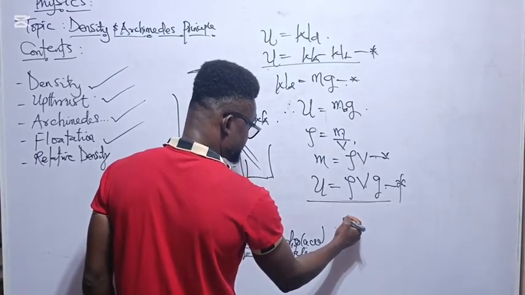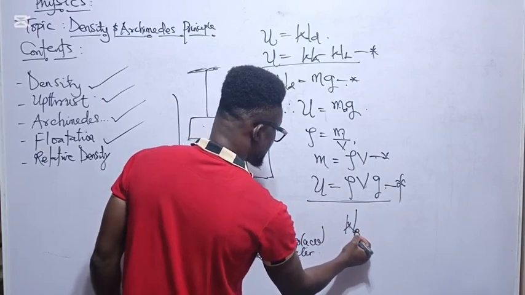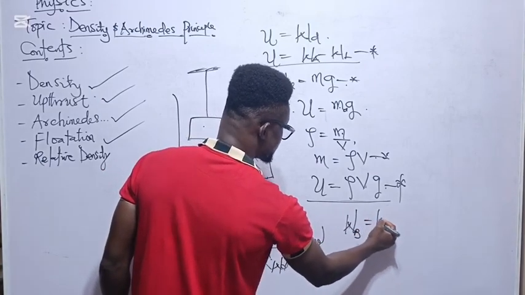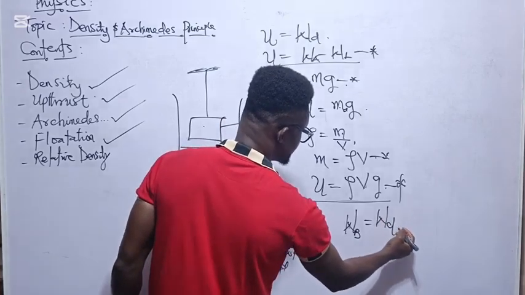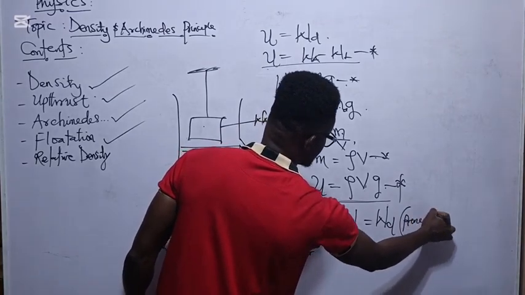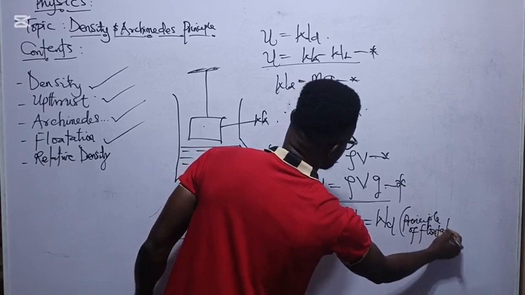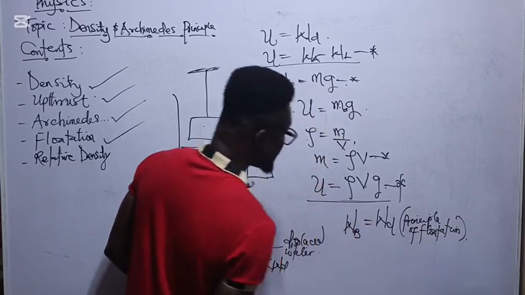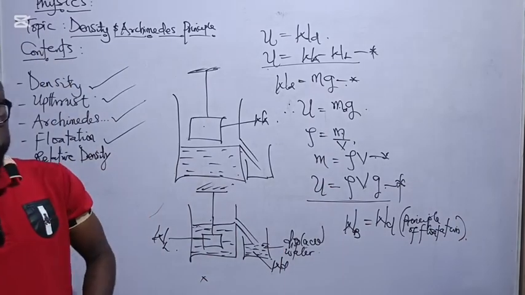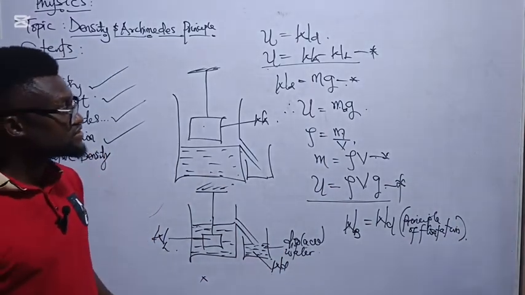The principle of flotation is only obeyed when the weight of a body immersed in a fluid is equal to the weight of the displaced liquid. So we say that a body floats when the weight of that very body is equal to the weight of the fluid displaced. Let's do a calculation on this.